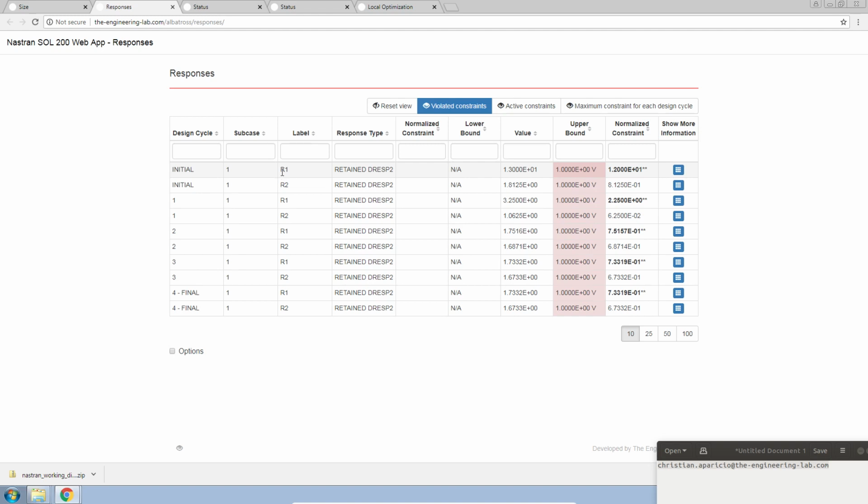Once you track down that here it's R1 and R2, think about which ones you should relax the constraints for. Here I went ahead and found out that R1 and R2 are being violated.